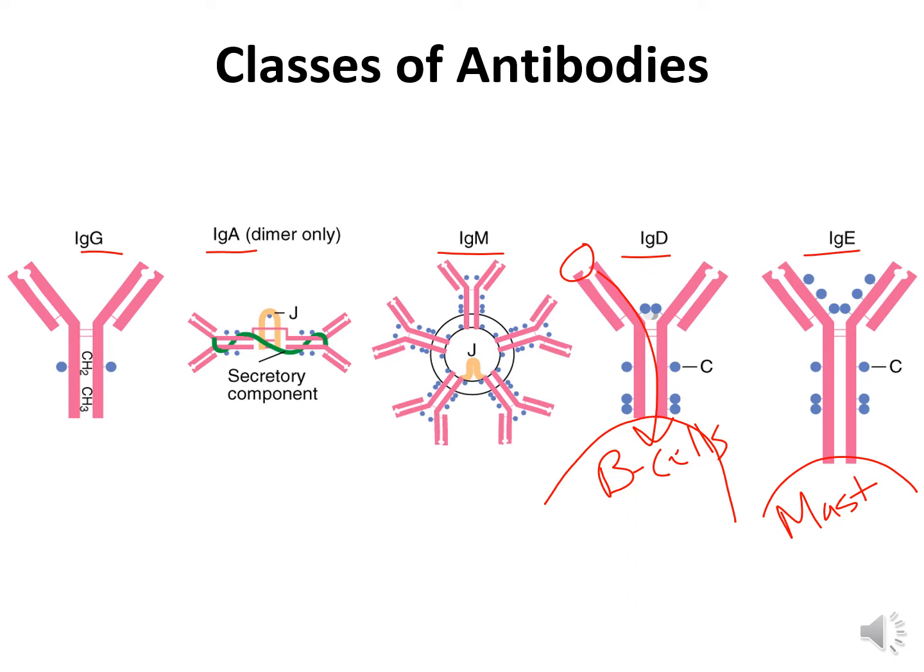When the IgE binds to the appropriate antigen, it serves to activate the mast cell and the basophil, and both of these will release histamine, which stimulates inflammation. So these are the 5 classes of antibody, and one particular B cell is able to produce all 5 classes.